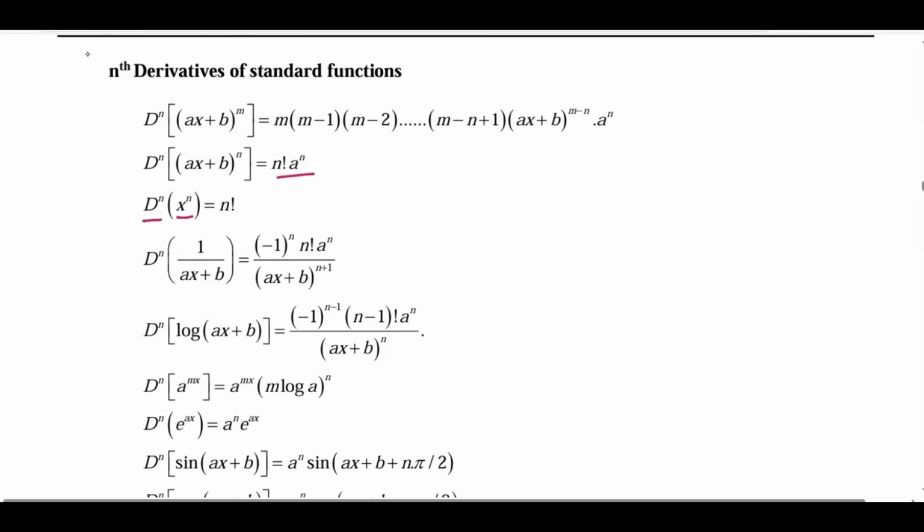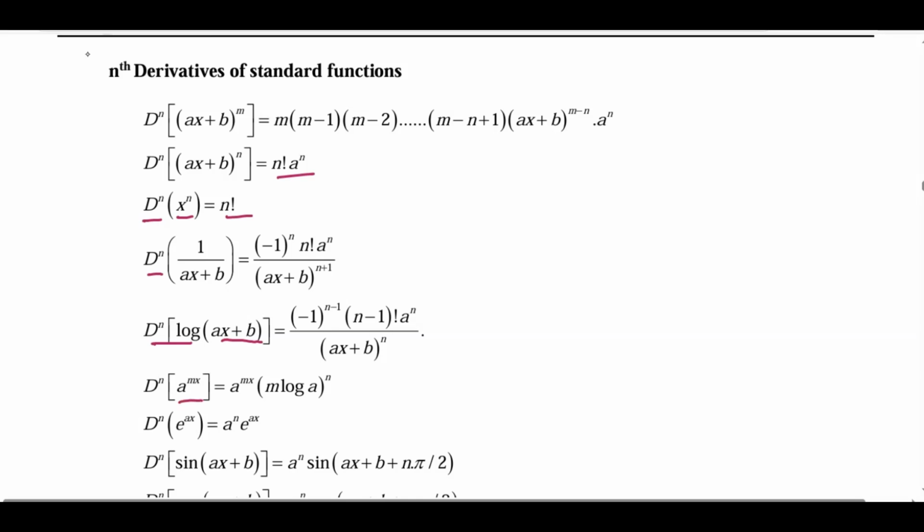Nth derivative of x power n will be n factorial. Nth derivative of 1 by (ax plus b) will be minus 1 to the power of n, n factorial a to the power of n divided by (ax plus b) to the power of n plus 1. Then nth derivative of log (ax plus b) will be minus 1 to the power of n minus 1 into (n minus 1) factorial a power n divided by (ax plus b) to the power of n.